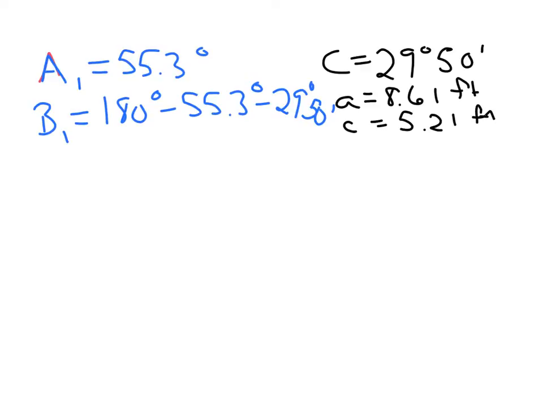When you enter this into your calculator, for the 29 degrees 50 minutes, I would do minus parentheses 29 plus 50 over 60, which if it's all right with you guys, I'm going to reduce to 5 over 6. You could divide top and bottom by 10. So I would put all of this 180 minus 55.3 minus that, and you should get 94.9.